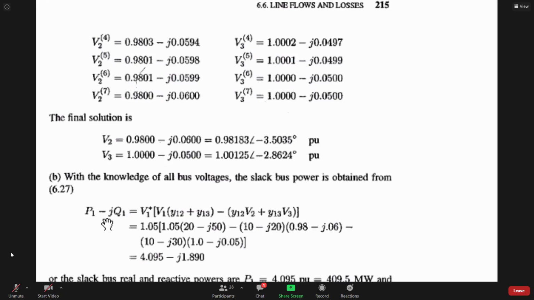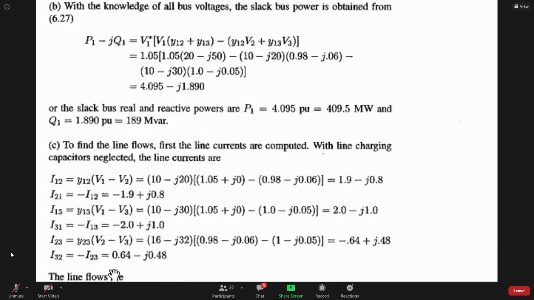Only voltage, right? Voltage magnitude and phase angle. The voltage magnitude is 1.05 for V1, and V2 and V3 you have just now found. So from V1, V2 and V3 you can find the complex power for the slack bus.